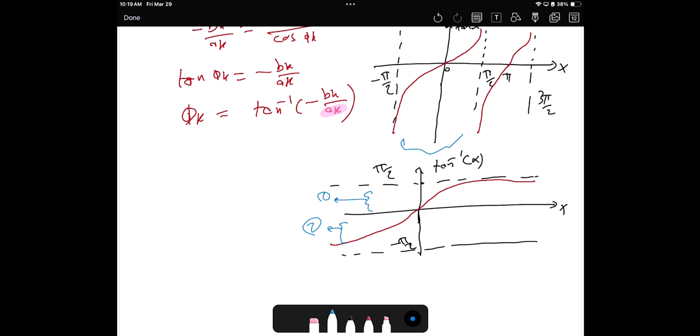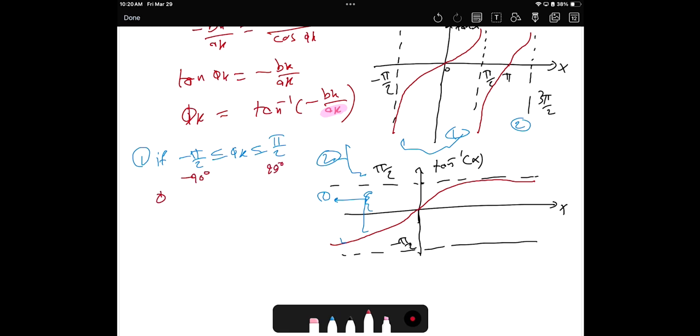So number 1: if phi_k is between negative pi over 2 and pi over 2, or in other words between negative 90 degrees and 90 degrees, we can say phi_k will be tan inverse of negative b_k over a_k, such that in this situation a_k is larger than or equal to 0.